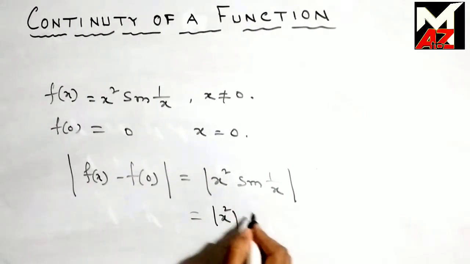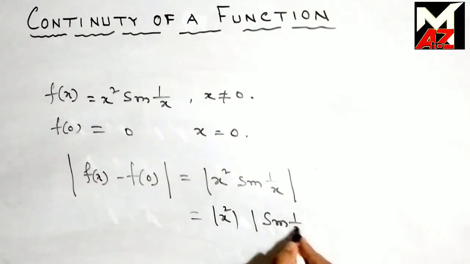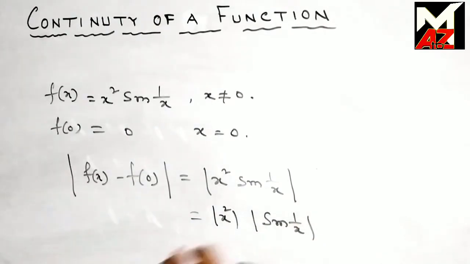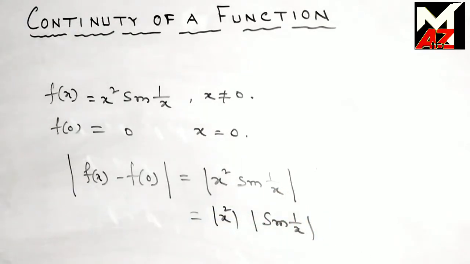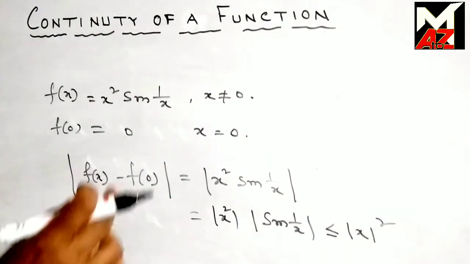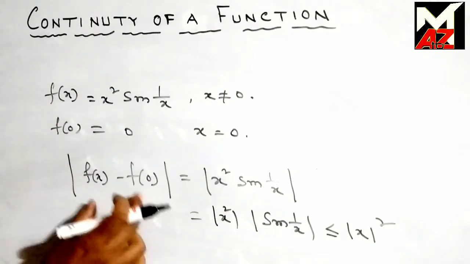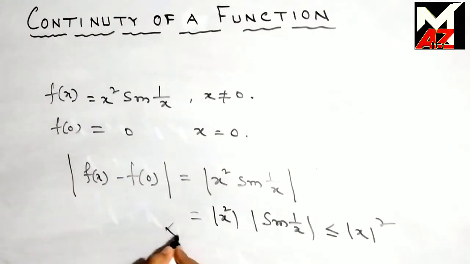Because the greatest value of sin theta is 1, this is less than or equal to mod x square, and this is less than epsilon whenever mod x square less than epsilon, that is, mod x less than root epsilon.